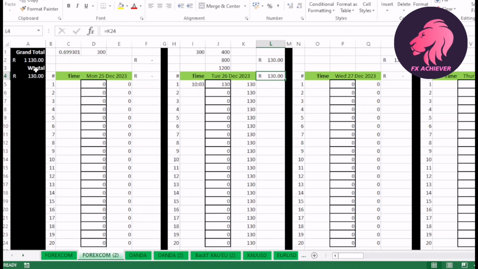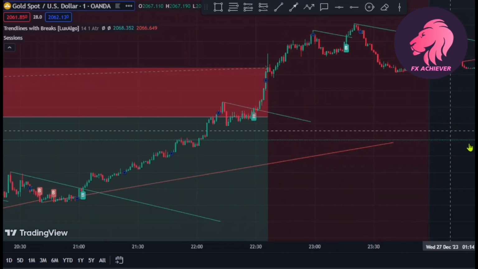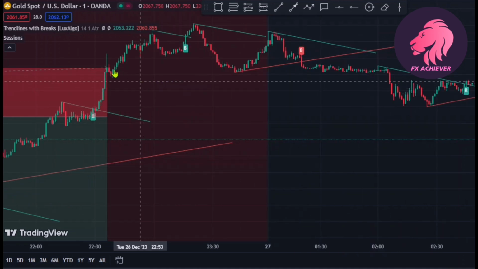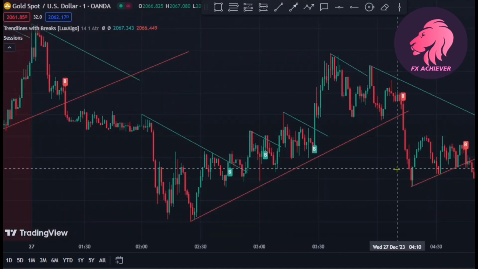Initially I deposited 1,000, and now I'm sitting on 1,130, which means I made a profit of 30 rands on the 26th. After being stopped out for the day, I don't look for other trades because I made some profits.